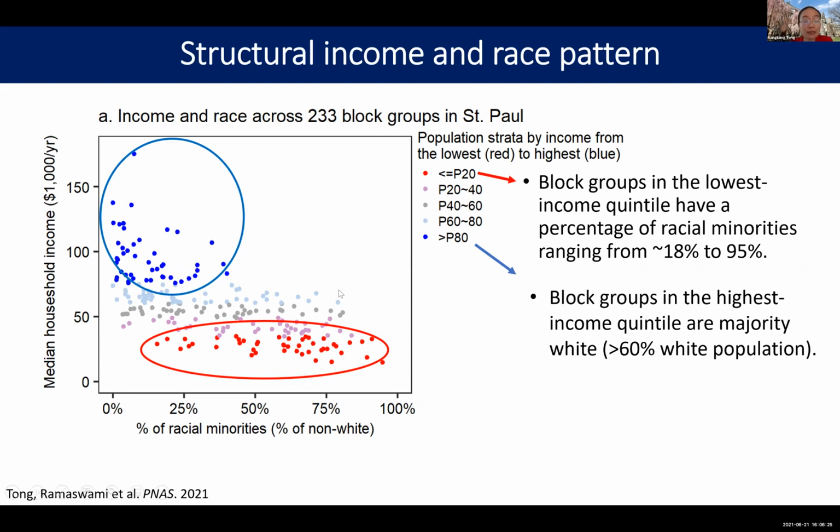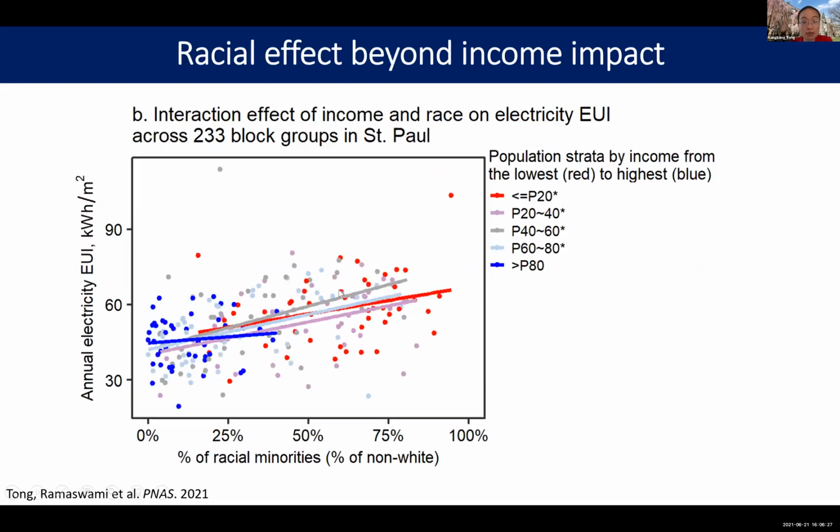And these patterns actually transfer to energy use, because what we're seeing here is a racial effect beyond income. In this plot, the x-axis is percent of racial minority, the y-axis is energy use intensity, and the color scheme is still the different income strata.